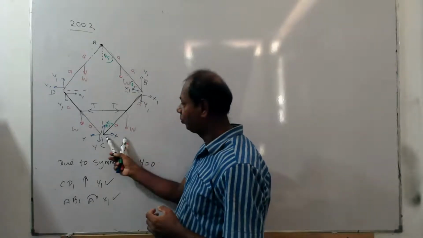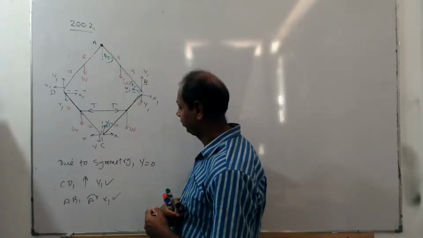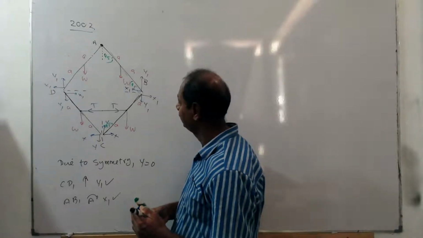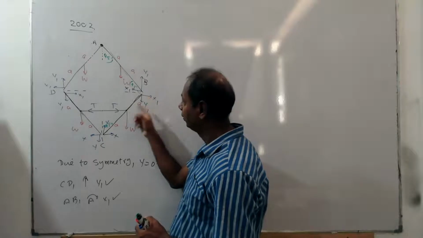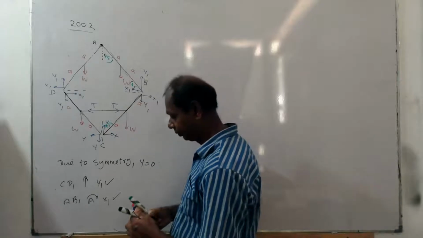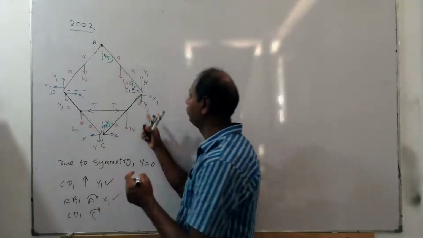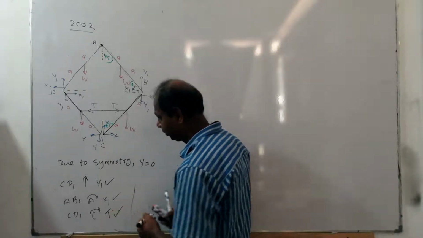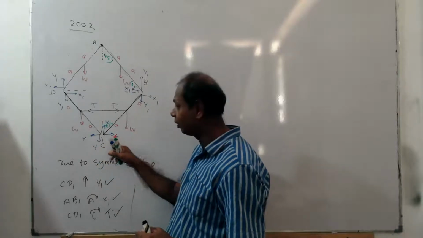Knowing x1, consider CD and take moments about C. You can find T. Since we know x1, y1 by now, you can find T. And finally, you are asked to find the reaction at C. Reaction at C is x, because y is 0, you have to find x.